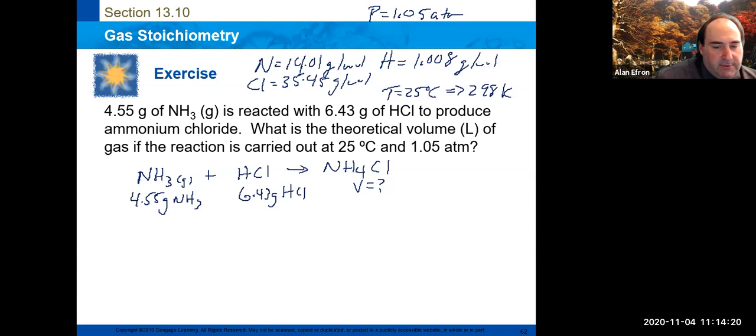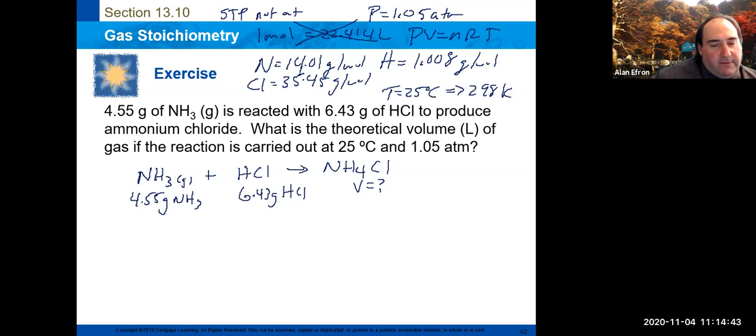That pressure and temperature tells us we are not at STP, so we cannot use that conversion we saw before. We are going to have to use the ideal gas law, PV equals nRT, at some point to figure out the volume. Now, we do have our equation.